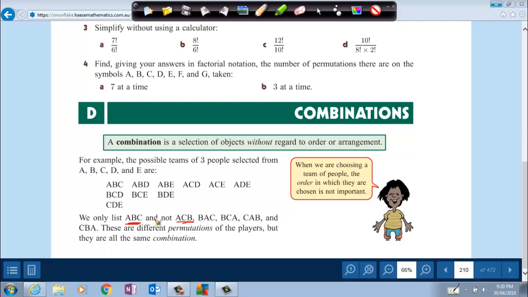Whereas if you look at the A, B, C, A, B, D is a different combination to this. Right, there are 2 different combinations. These two are not 2 different combinations, they are different permutations. These 2 are different combinations. Okay, so that's the difference between these 2 words here.